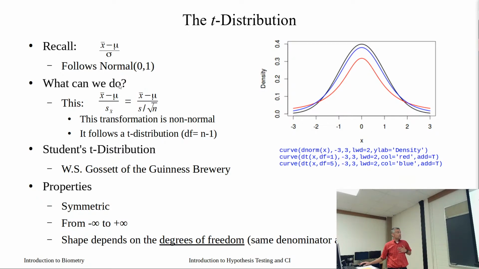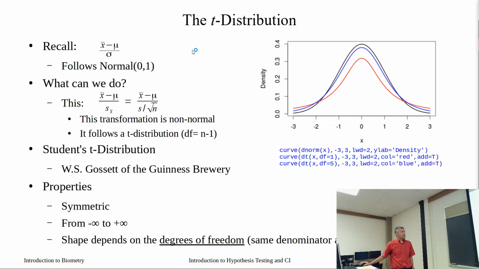Now, when we do x bar minus the population parameter divided by the standard error of the mean, this does not give us a z-score because this transformation does not follow a normal distribution anymore. It actually follows a t-distribution, which is defined by the degrees of freedom, our sample size minus 1.